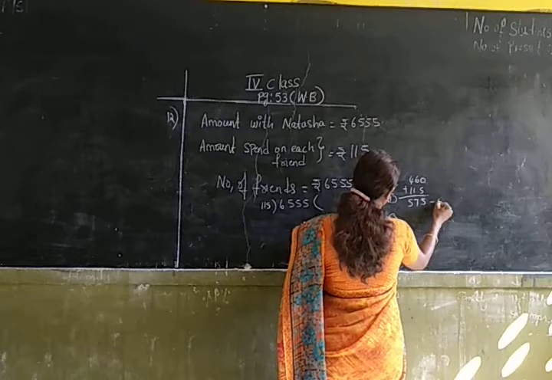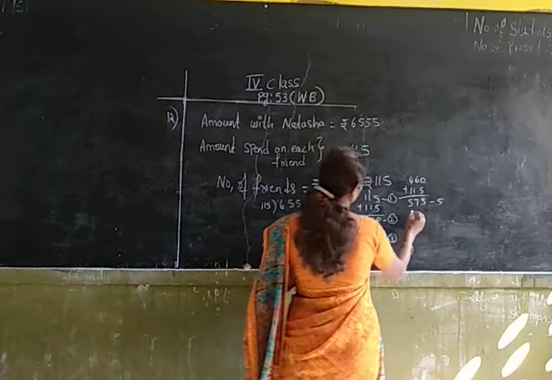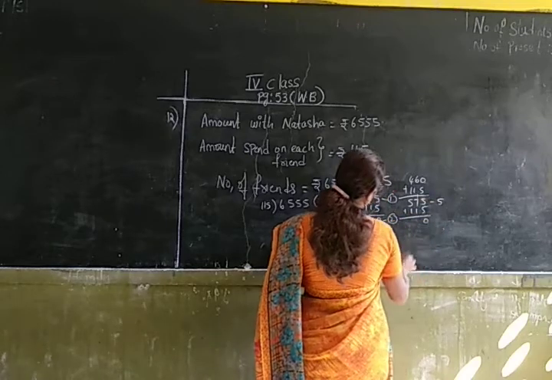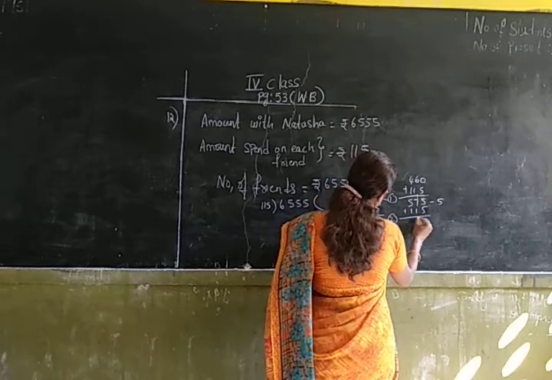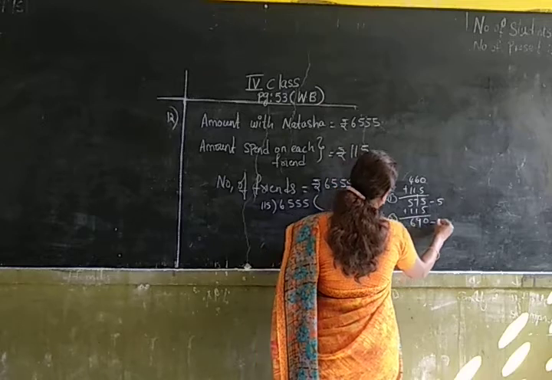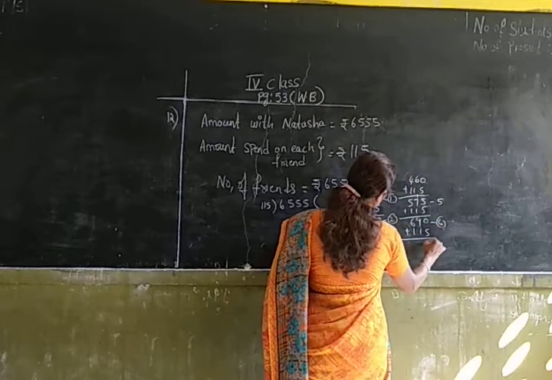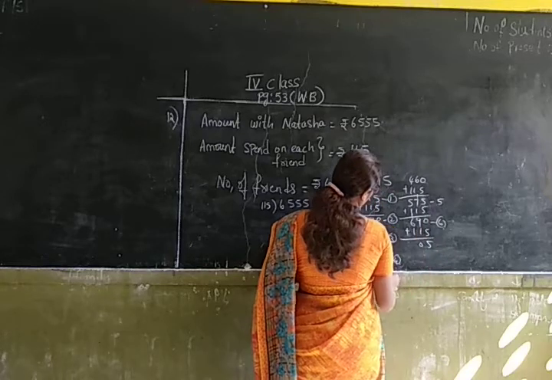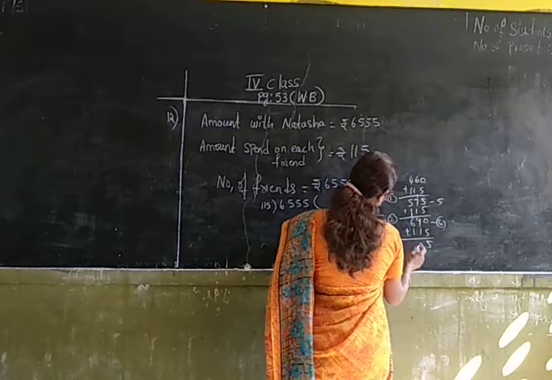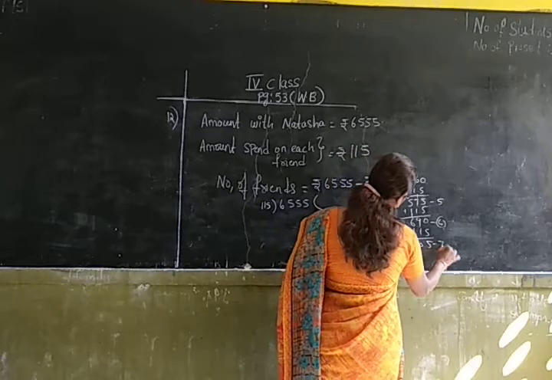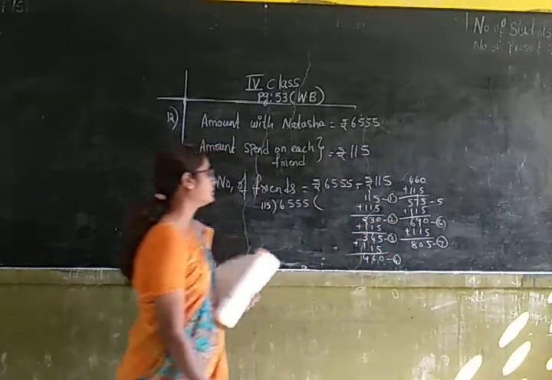This is 5 times. Plus 115, 690. This is 6 times. Plus 115, 805. This is 7 times. So let us do the division.